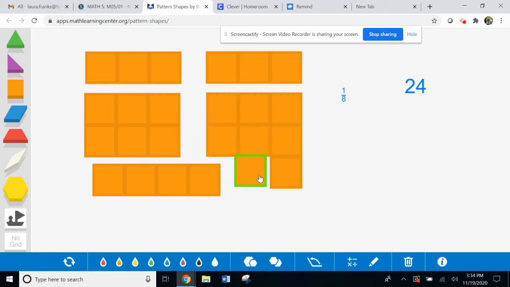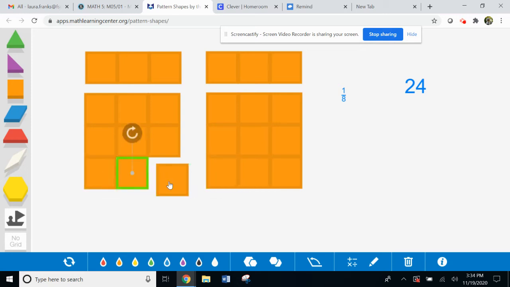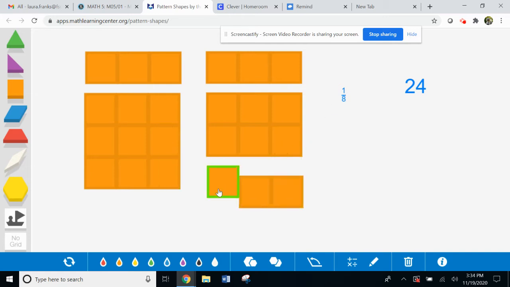So it's kind of one of those things we talked about the other day. Fractions can be confusing because the bigger the number gets on the bottom, you feel like the bigger the piece would be, but actually that means you're cutting it into smaller pieces.